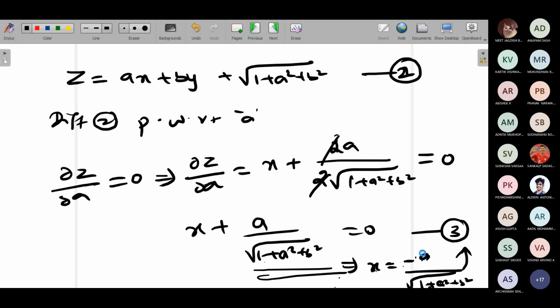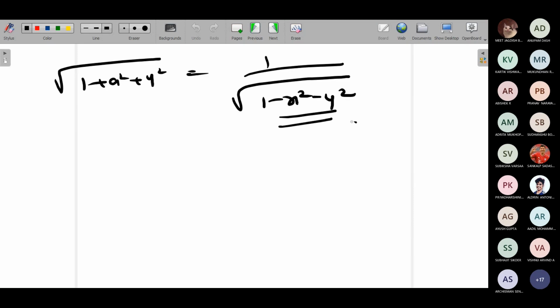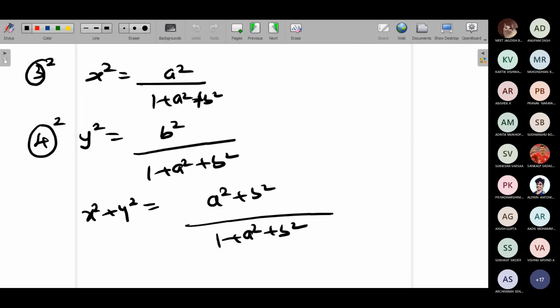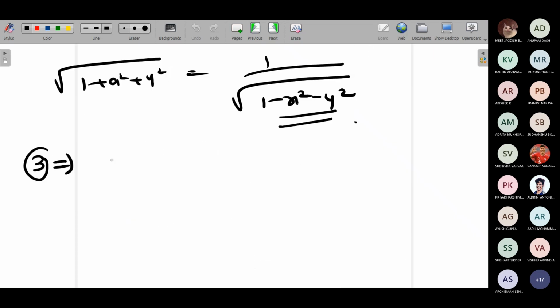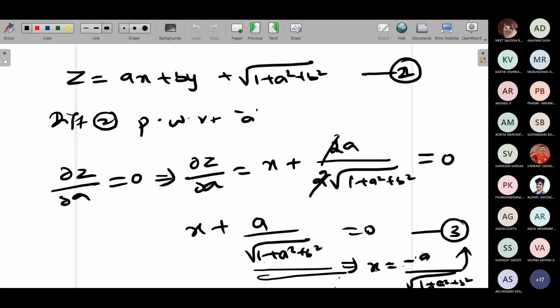So I can write it as 3 implies. What is my 3? 3 is x is equal to minus a by root of 1 plus a square plus b square.